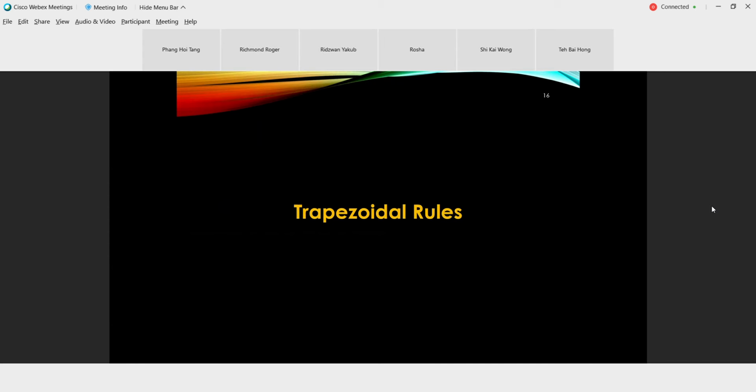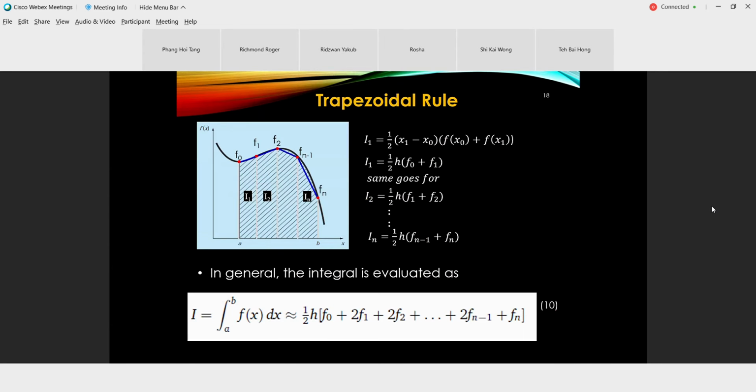So the rectangular rule only uses a rectangular shape. The trapezoidal rule uses a trapezoidal shape. It is the same as rectangular, but we cut the shape differently. This one is rectangular.